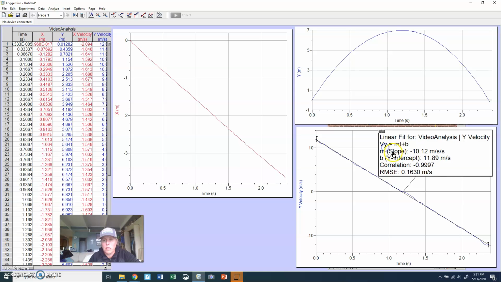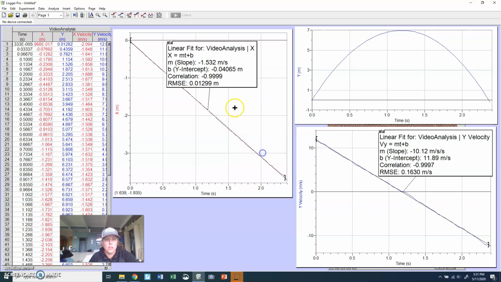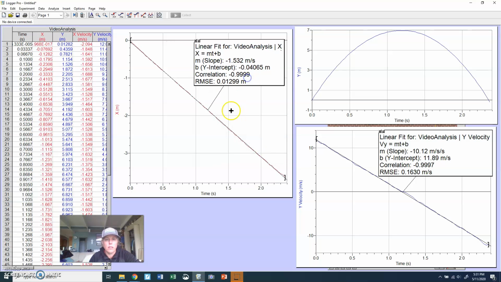What does that mean, the slope? What's that telling us? Then here, I can give you the slope. I'm going to enlarge that. What did I take it to, 18? It's so big. And you've got the slope for this.